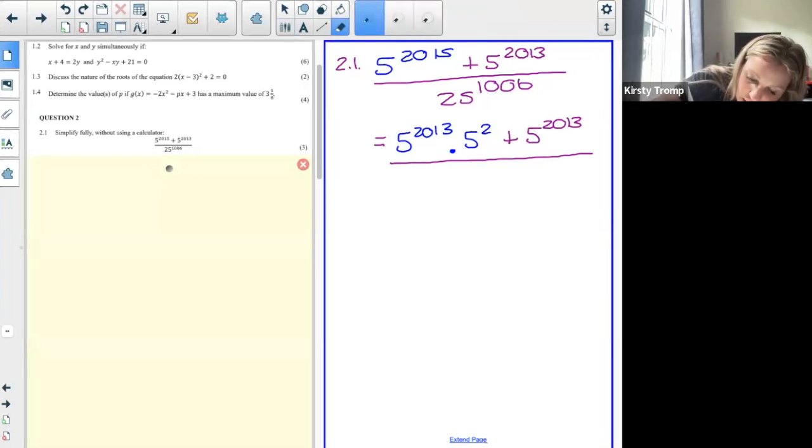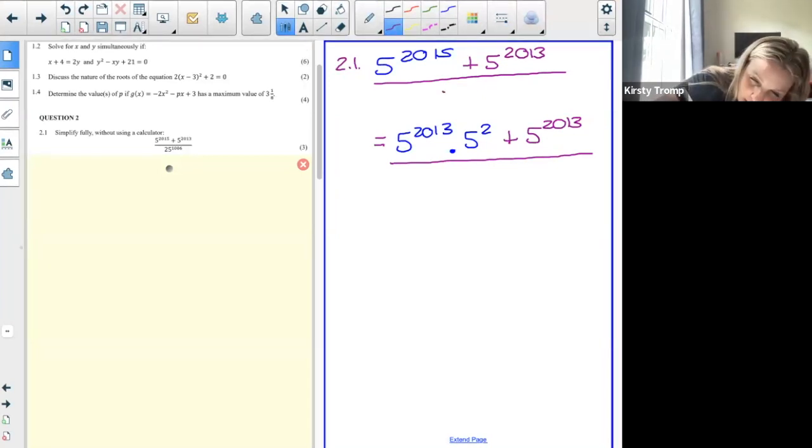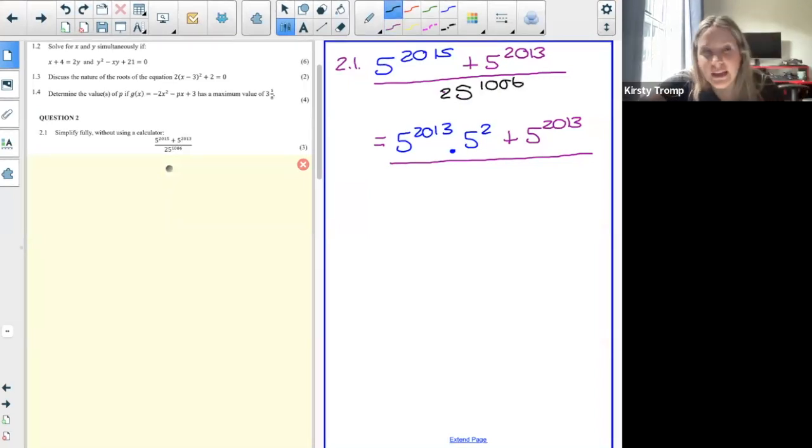I'm going to change this one's color for you. This one on the bottom, let's put it in black, is 25 to the power of 1006. What is 25 the same thing as?